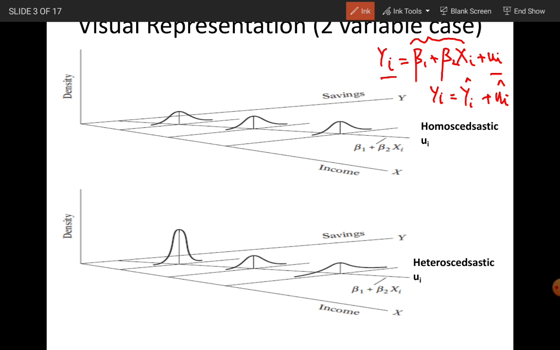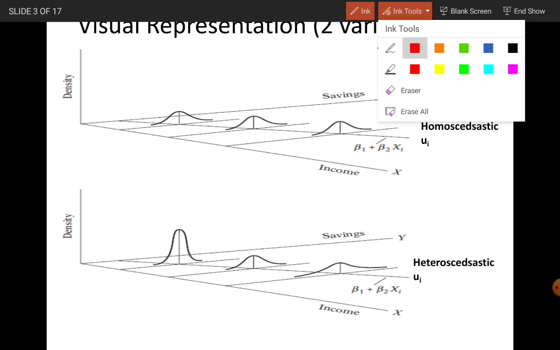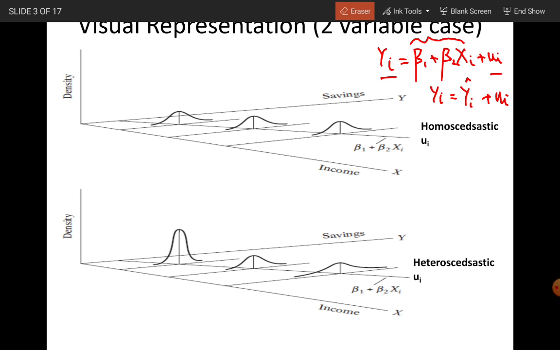Or even if you write it as ui, that is also fine. Since the observed yi is the estimated yi hat plus ui, the deviations observed in this term yi will be equal to the variance of ui.